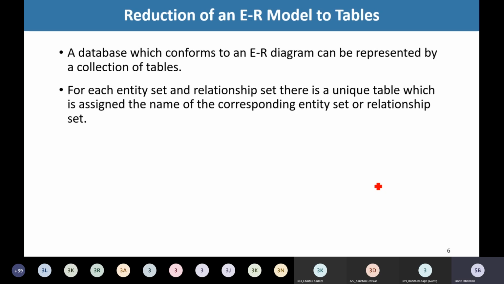And for every table, we are going to assign the unique name, right? So every table will have a unique name, and typically whatever is the name of my entity set or whatever is the name of my relationship set in ER model, the same name I'll be using for the corresponding table. Correct? Are you getting me? If you have any doubts, please let me know. Okay? So now let's proceed.